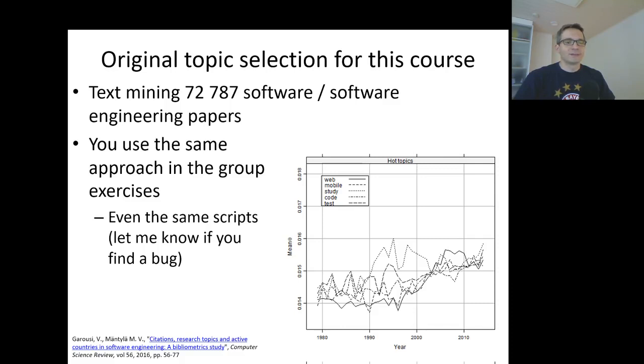We can see that starting from 1980 and ending until 2015, we have 5 so-called hot topics, which are web, mobile, study, code, and test. In the figure, the hot topics are identified by their most probable word.